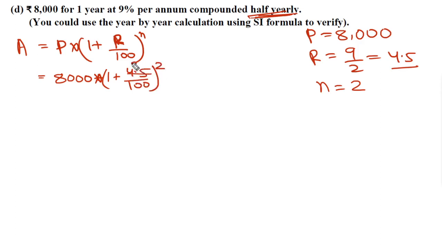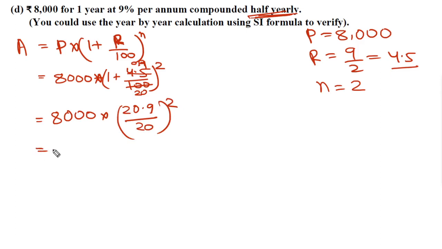It will be 0.9. We are cancelling it by 5. Then 0.9. Then it will be 20. So it will be equal to 8,000 into 1 plus 0.9 divided by 20, which is 20.9 divided by 20, squared.